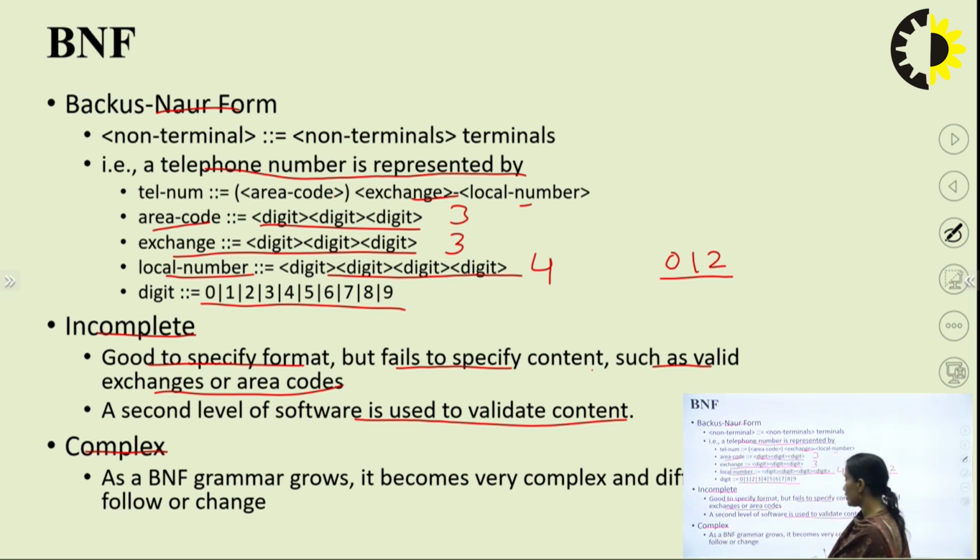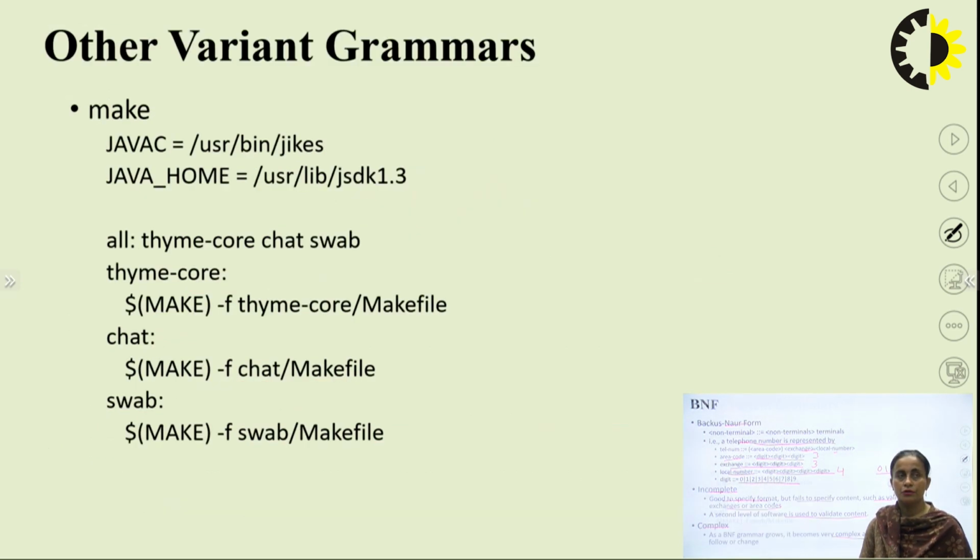As a BNF grammar grows, it becomes very complex and difficult to follow or change. For shorter things it is okay, but when the grammar is large, that's the drawback.